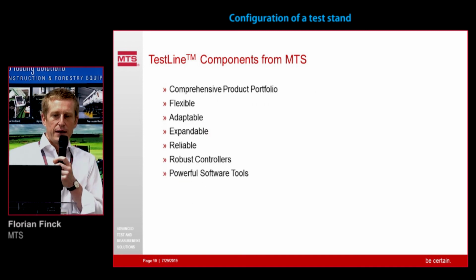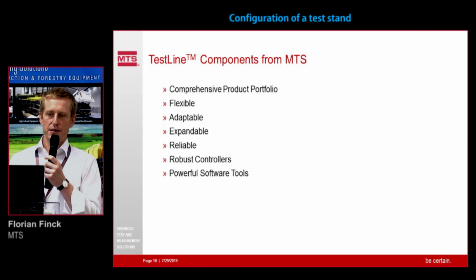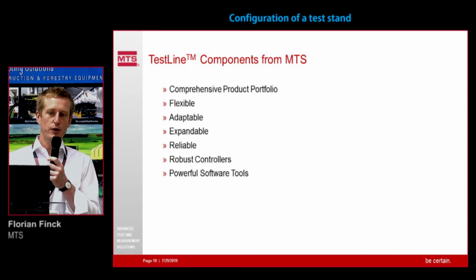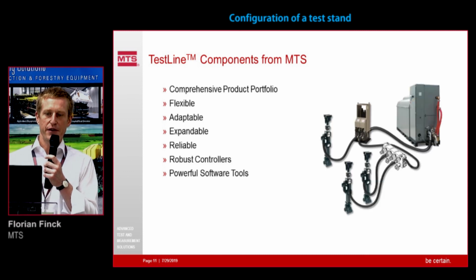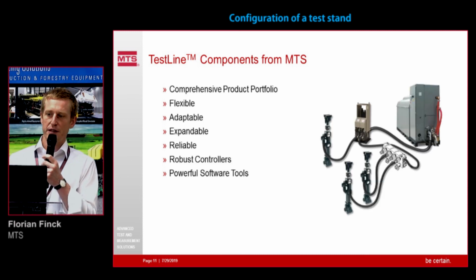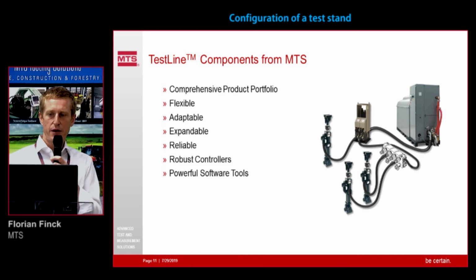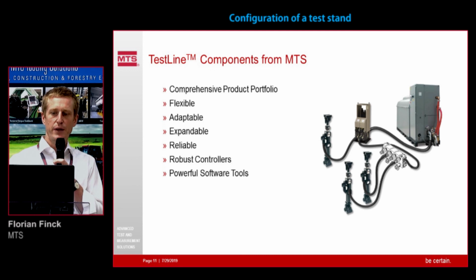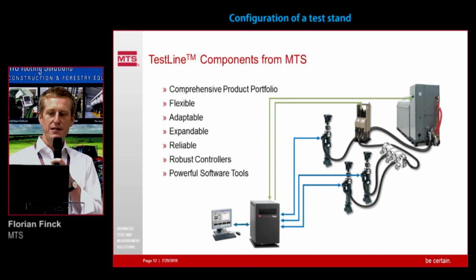Why test line components? We have a very comprehensive product portfolio. It's very flexible and adaptable. So in this example here, for example, we have a hydraulic pump, we have a service manifold, we have a number of actuators. We can combine these actuators with our FlexTest controls. In this example, maybe we have 2 stations with 2 independent component tests running.